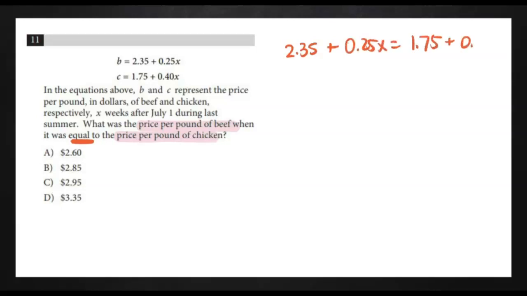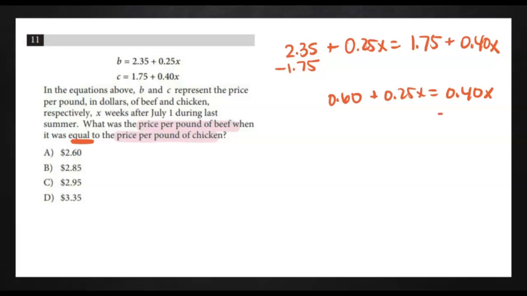And when we do that, we can go ahead and solve for x. Right, if I subtract 1.75, I get 0.60. And if you're not comfortable still with decimals, you can think about this being actually money if that's easier for you.